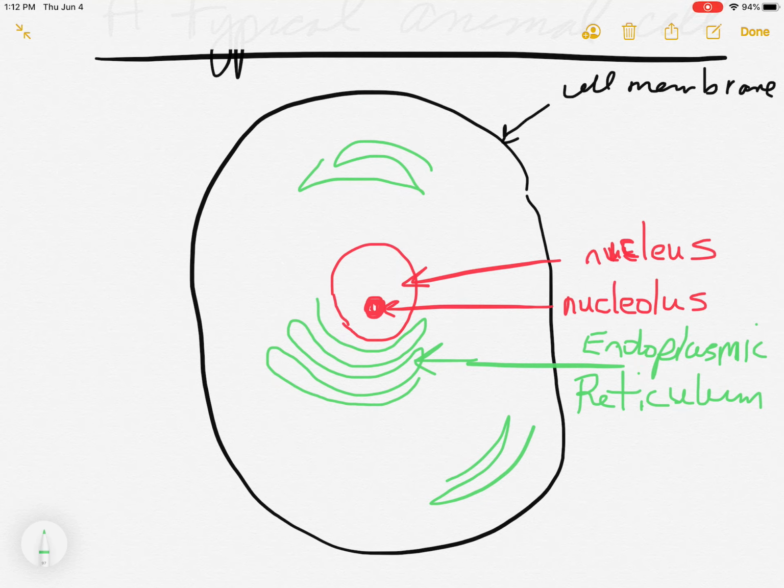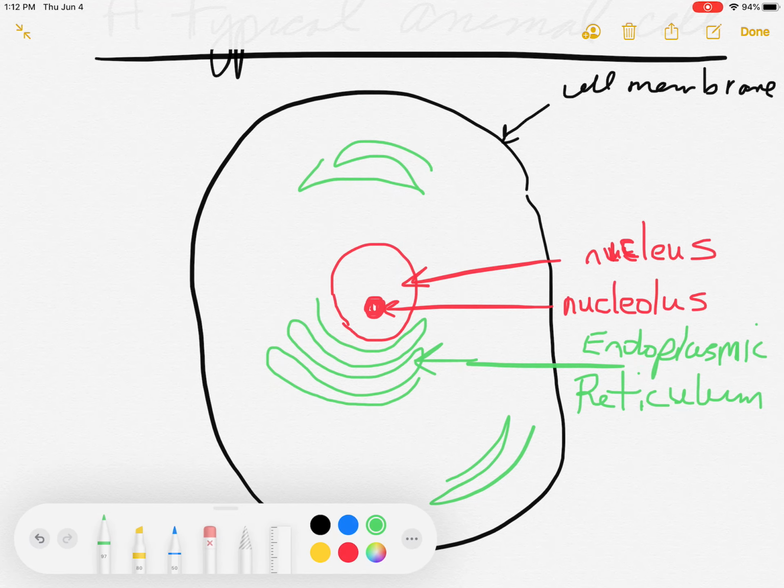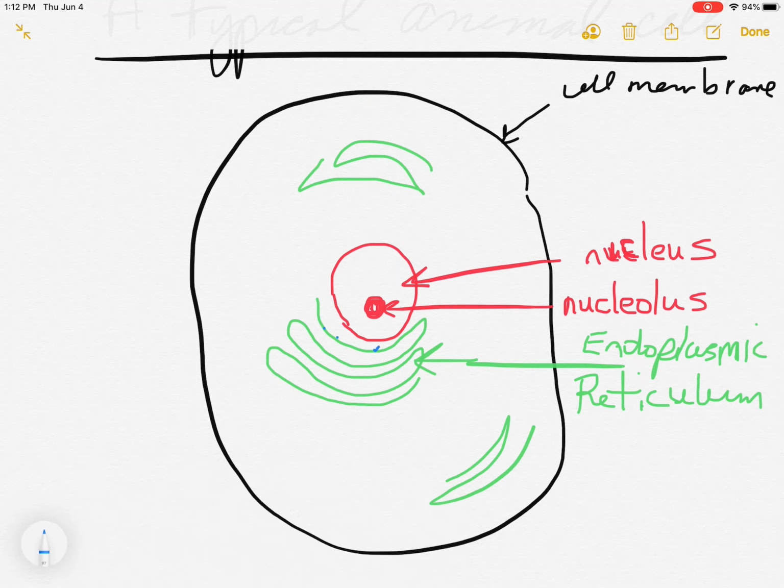So it doesn't work as well. Endoplasmic reticulum. Now, there's another structure that's found often associated with this endoplasmic reticulum, and they're very small structures. They're like little tiny dots, which I'll place sort of all around here, and they're usually found near the nucleus.